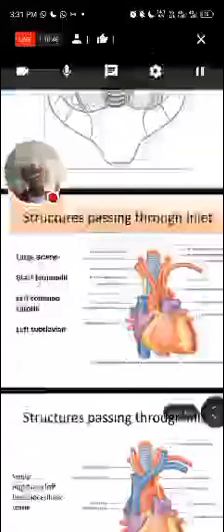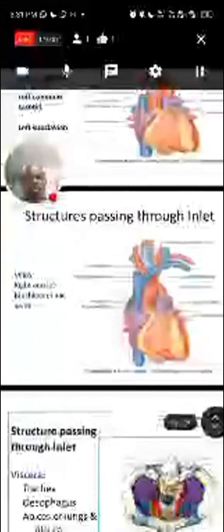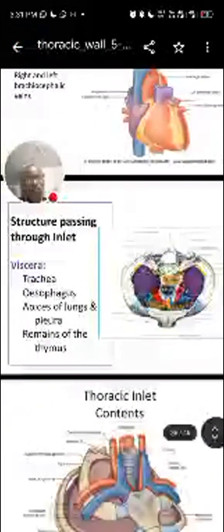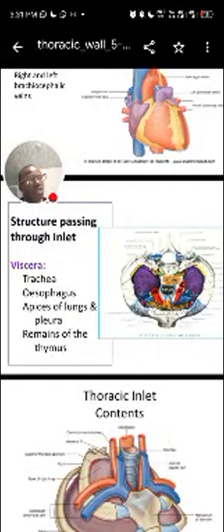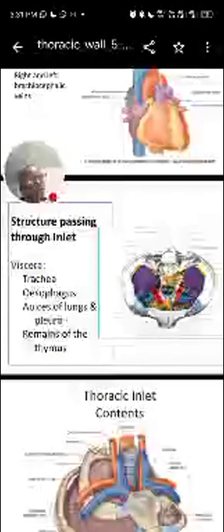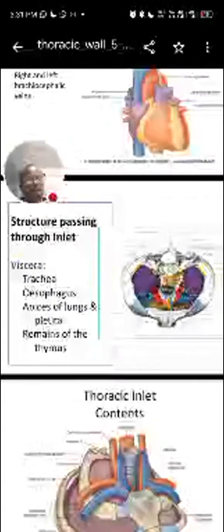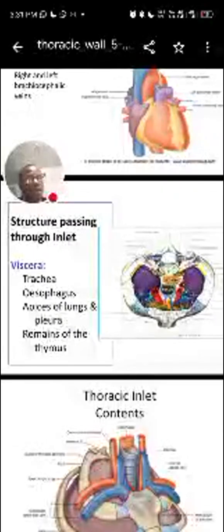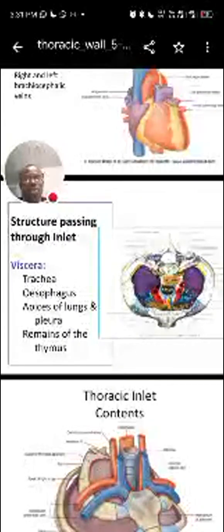So we are moving on. We said the structures passing through: number one, vein; number two, artery; and then another structure passing through is the viscera. So we said V squared A squared.